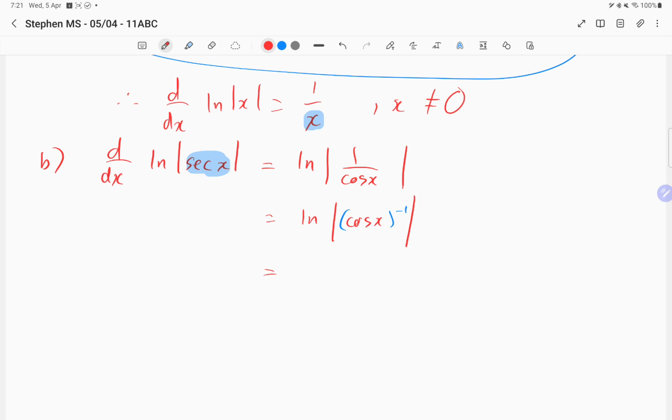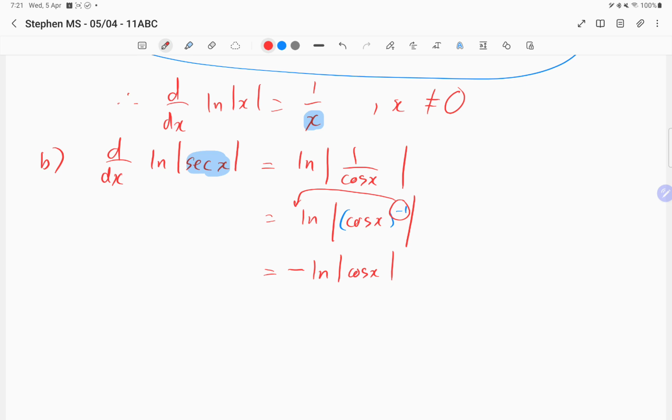The power doesn't get affected by the absolute value, because 1 divided by a negative is a negative, and 1 divided by a positive is a positive. But we can bring the power to the front, so that'll be negative ln of cos x.